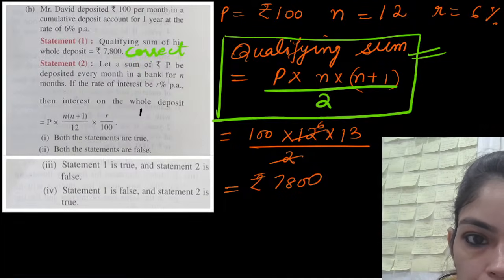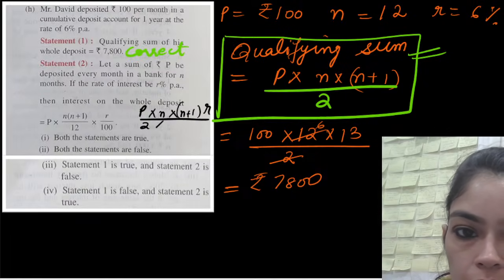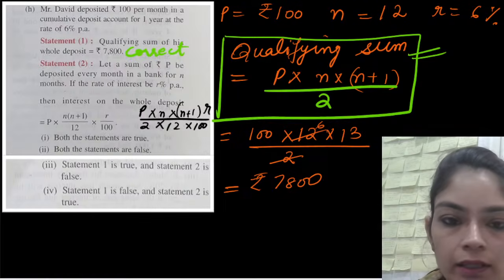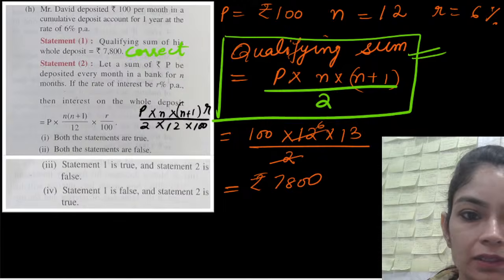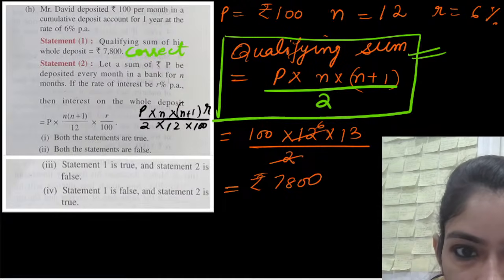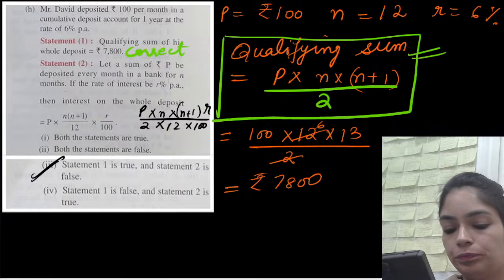Interest formula is P into N plus 1 into R by 2 into 12 into 100. There 2 is not there. 2 is missing, right? It's a formula itself, but sometimes students can make mistakes, so you just have to see it carefully. This one is false. So the third option is the correct answer.